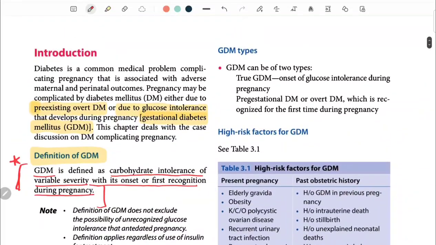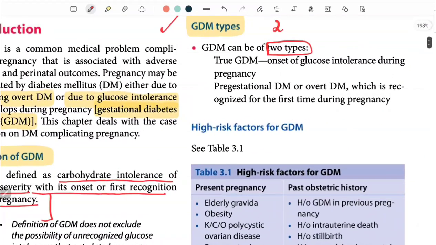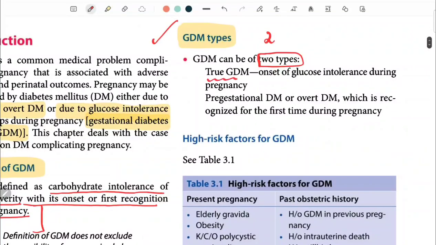There are certain types of GDM. What are the types of GDM? GDM can be divided into two types. First is true gestational diabetes mellitus, and the second one is pre-gestational diabetes mellitus, otherwise known as overt DM.